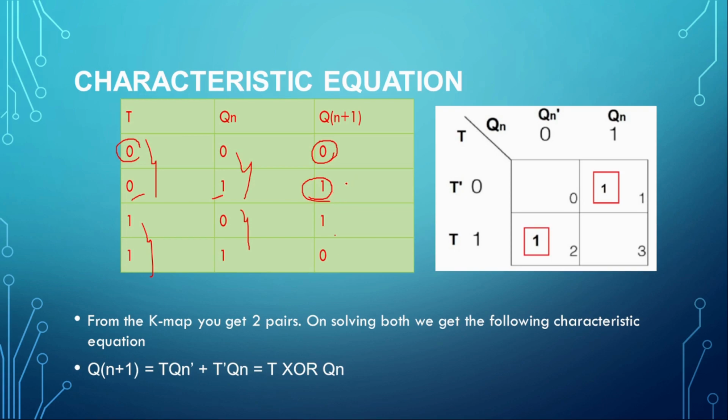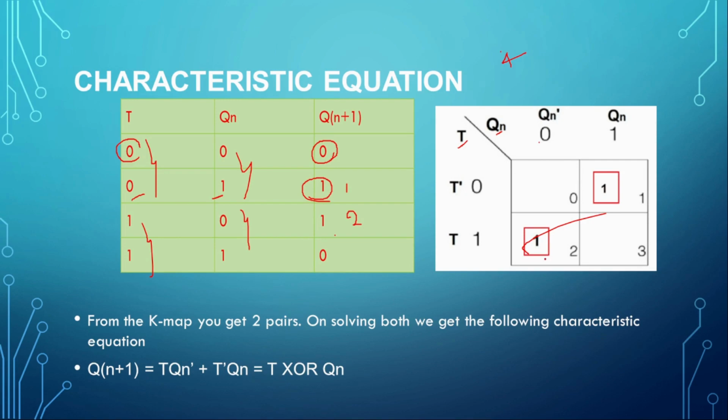You need to draw the K map for these two 1s, and they are placed in the first and the second place. It is a two variable input, that's why you need to draw the K map for 4 cells. One will be mentioned with T and another is Qn. As usual method 0 1 0 1 and fill the ones in the K map. One is filled in first place and another is filled in second place.